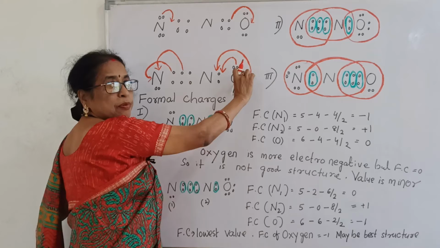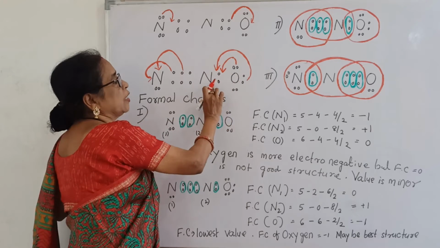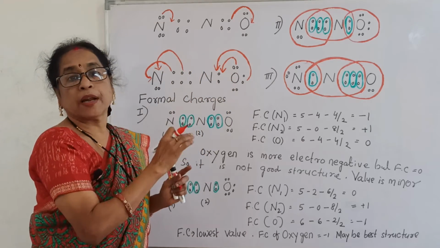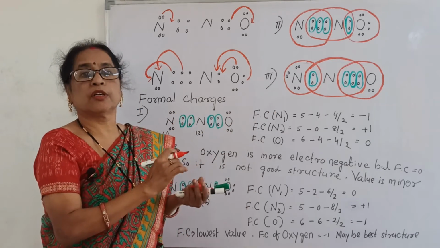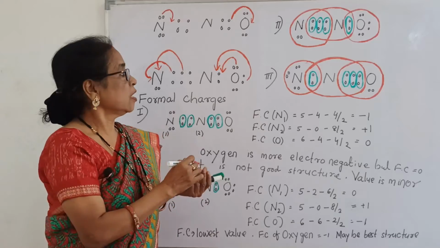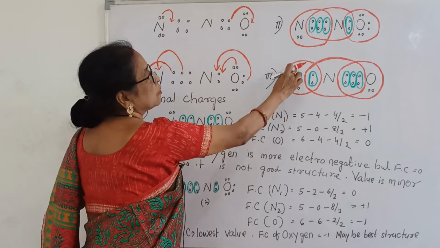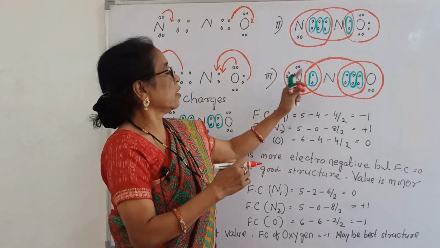Similarly, this pair of non-bonding electrons of oxygen is transferred to here between nitrogen and oxygen. Now it will act as a bonding pair of electrons. Now the third structure is formed by the transfer of electrons. Since two pairs of electrons are transferred here, two pairs of non-bonding electrons form and one pair of bonding electrons.